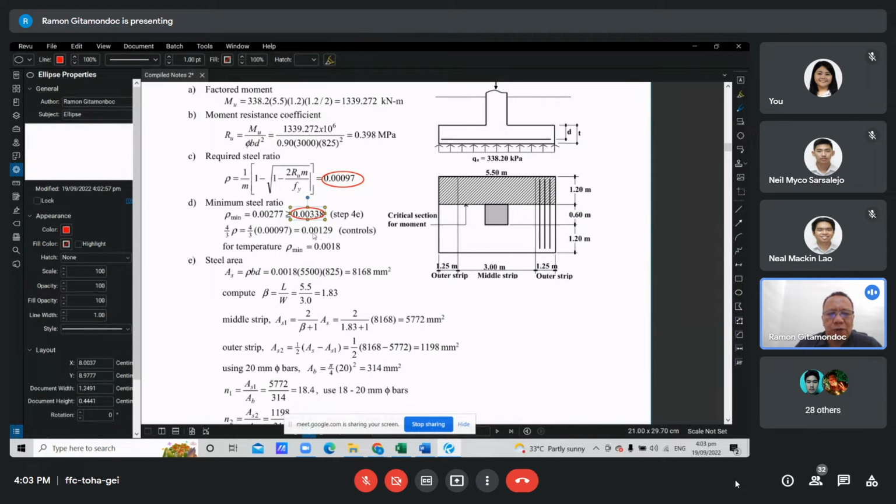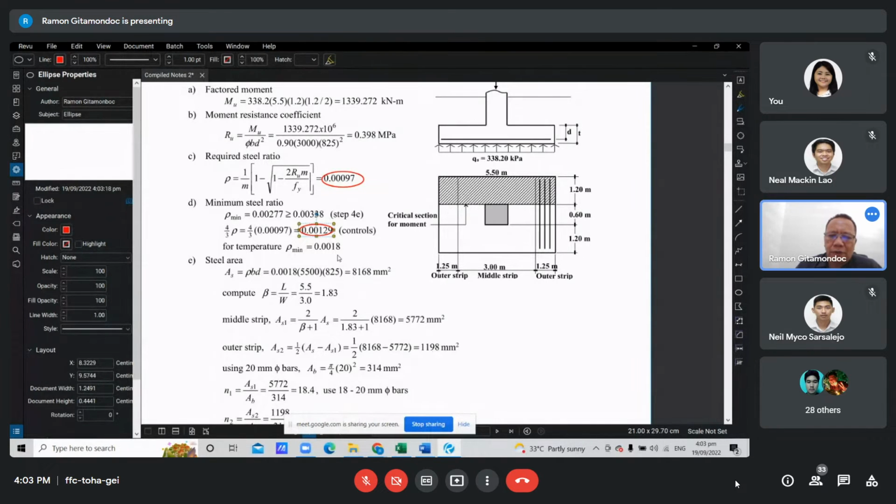We can use the smaller between this value and this value, so we use this value here. Now the absolute minimum for reinforcement should not be less than that required to control temperature and shrinkage, which is 0.0018.